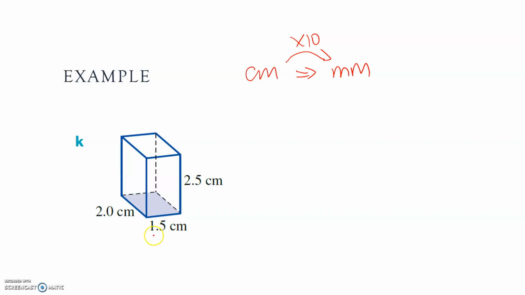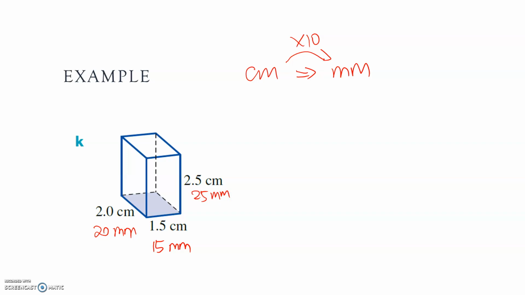So for example, if we want to convert 1.5 centimeters to millimeters, then by times 10 we get 15 millimeters. And the same way here, if we have 2 centimeters, we can convert that to millimeters as well. We will have 20 millimeters. And then last of all, instead of saying 2.5 centimeters, we can put 25 millimeters.